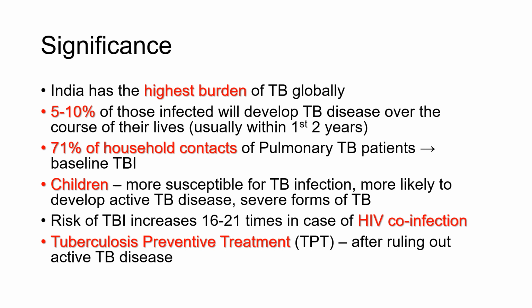Children are more susceptible to TB infection, as we discussed in our first lecture, and they are more likely to develop active TB disease and severe forms of tuberculosis. The risk of tubercular infection increases 16 to 21 times with HIV co-infection, and tuberculosis preventive treatment has to be given after ruling out active tubercular disease.